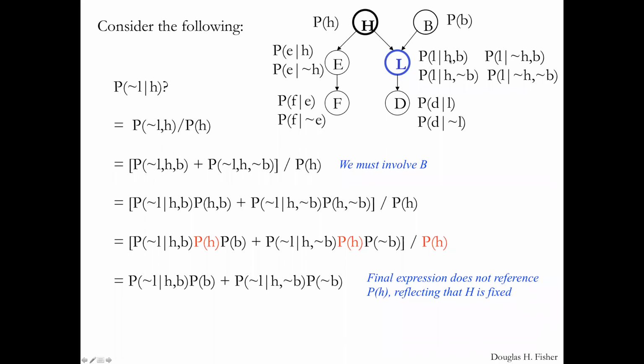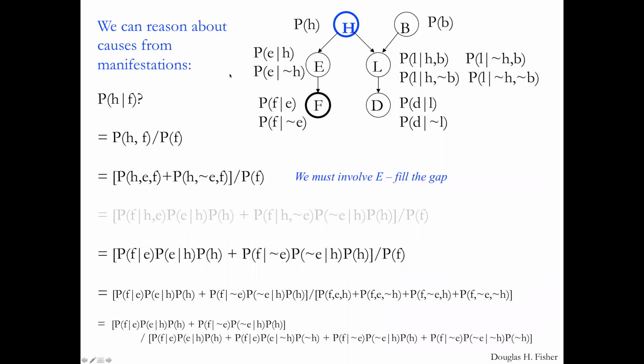We only know the probability of L given H and B values. So I'm going to have to involve B here and look at the possible values of B. Again, this sum is going to be equal to this, and I expand that out just like I've done before. The H values cancel, and I'm left with the sum that doesn't reference the probability of H, again, because it's been set.